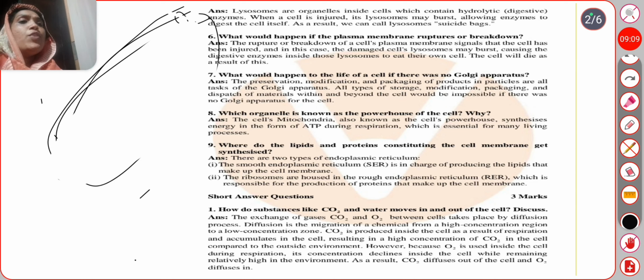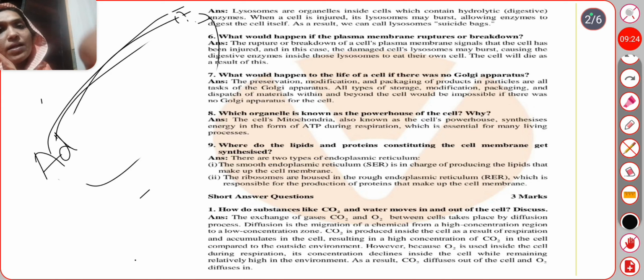Okay, which organelle is known as the powerhouse of the cell? Mitochondria is what we call the powerhouse of the cell. Mitochondria synthesize energy in the form of ATP. ATP is adenosine triphosphate.